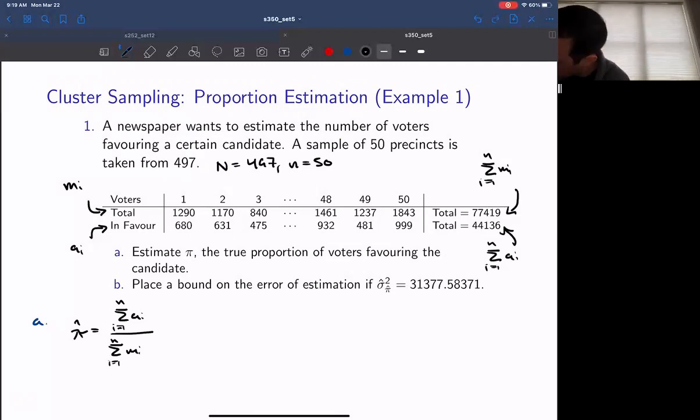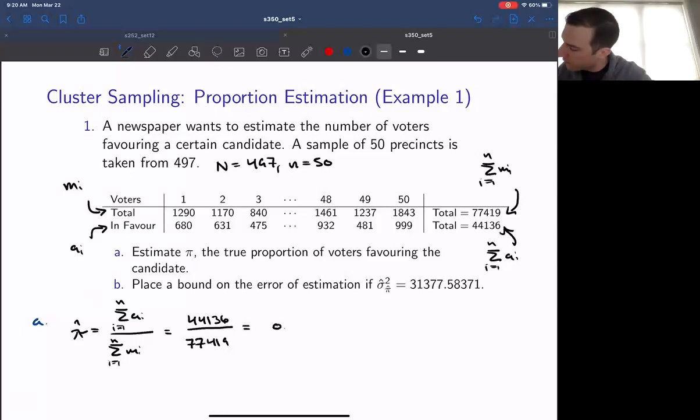Right? So that gives us 44,136 divided by 77,419. And that gives us 0.5701.